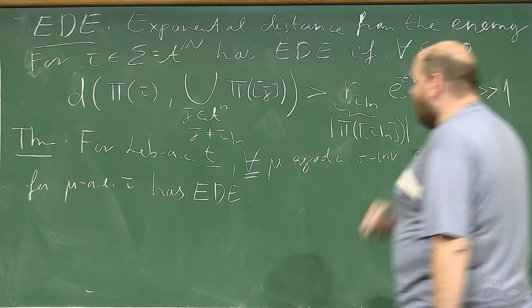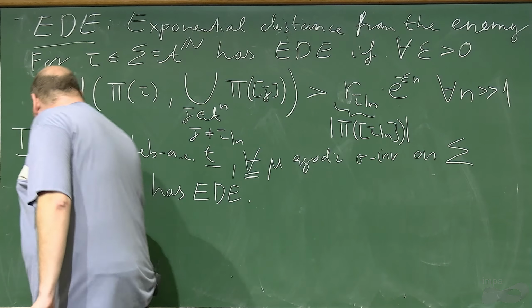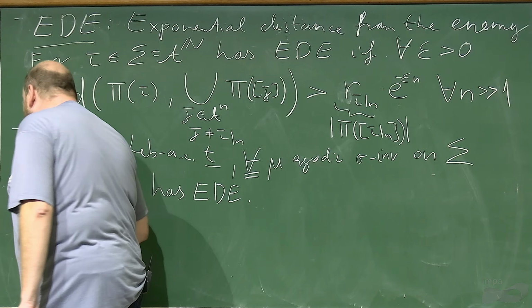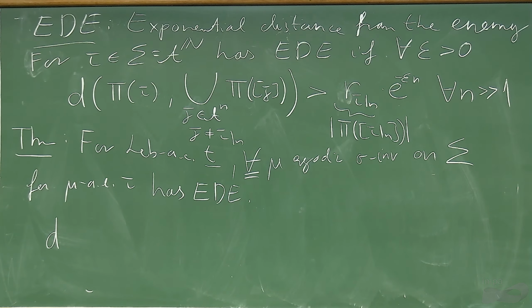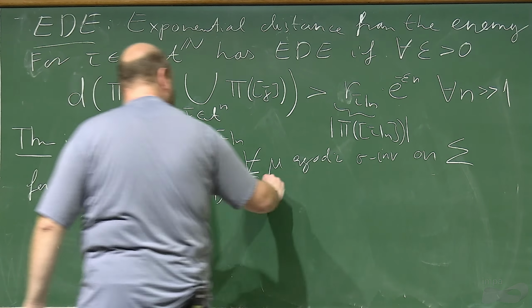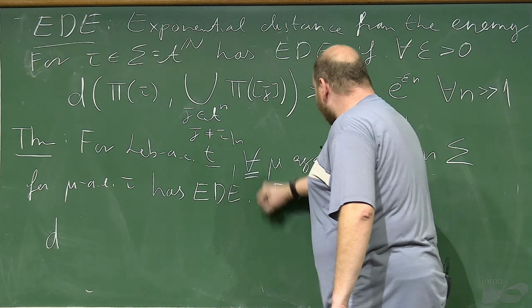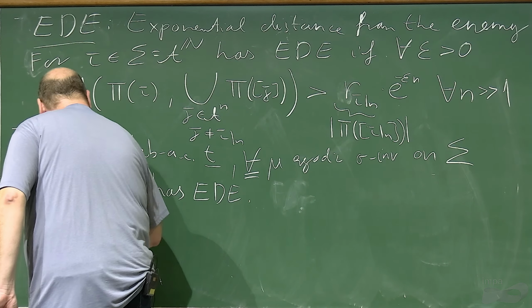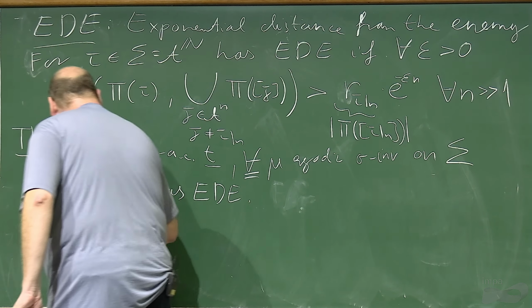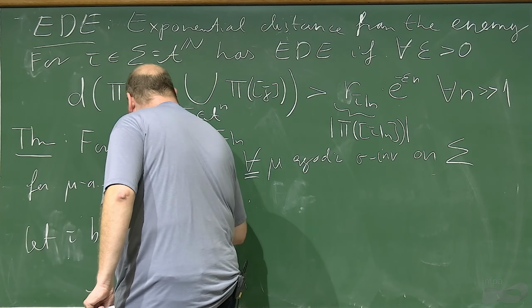But what does this mean? Look at here. I am trying to calculate the local dimension at some point. So let I be mu typical.